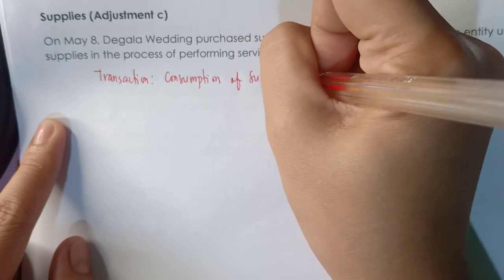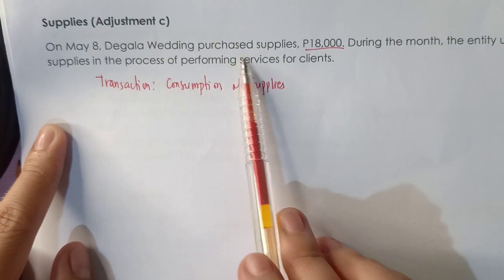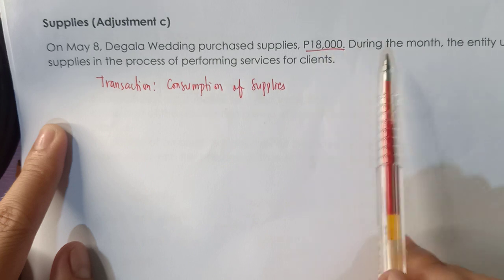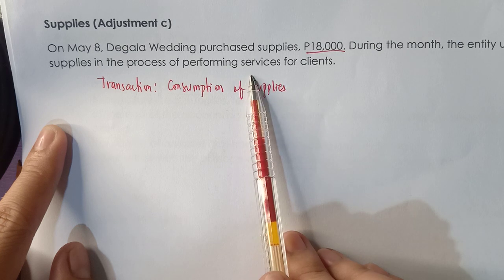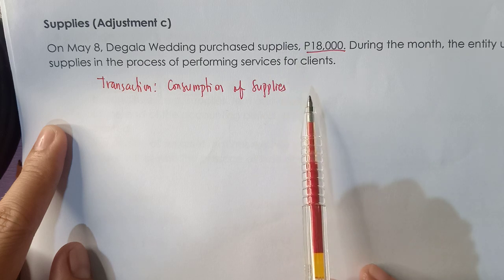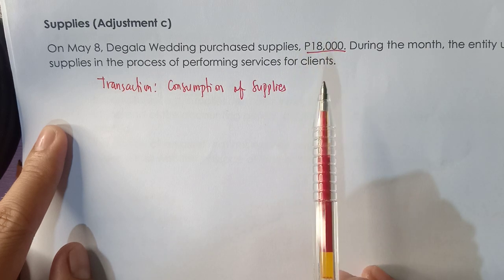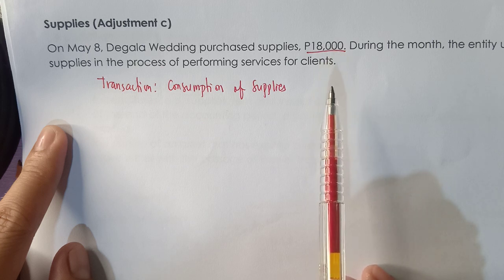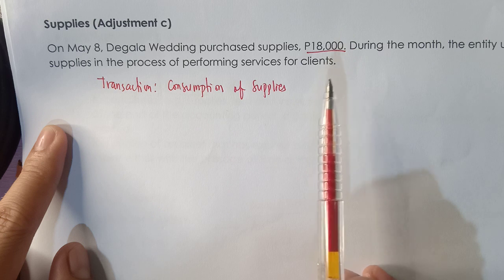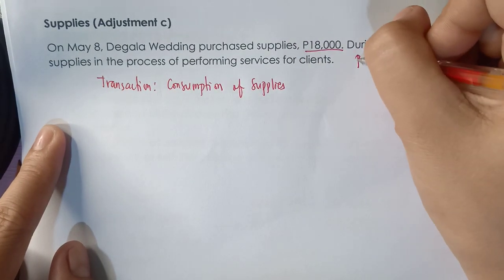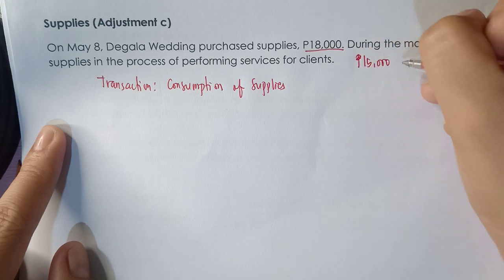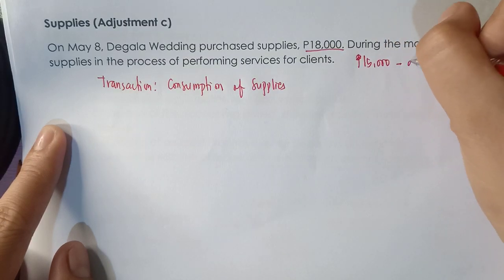There is no need to account for these supplies every day since the financial statements will not be prepared until the end of the month. At the end of the accounting period, the Gala makes a careful physical inventory of the supplies. The inventory count showed that supplies costing 15,000 pesos are on hand.